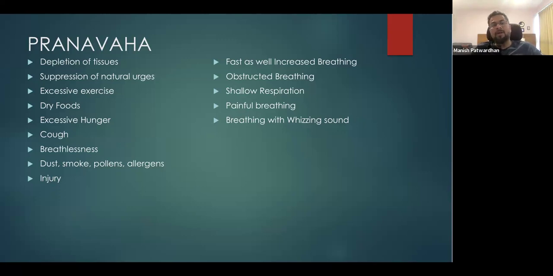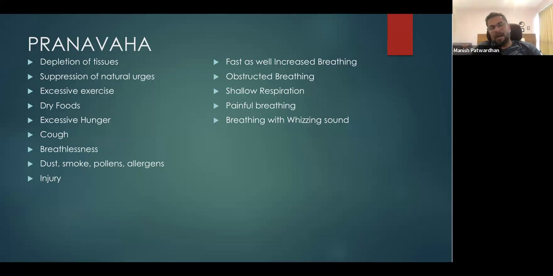People who have been running marathons are dying. So if people are living such a healthy life, exercising, etc., why are they dying? The explanation lies in the causative factors of the pranavasrotas disturbance.